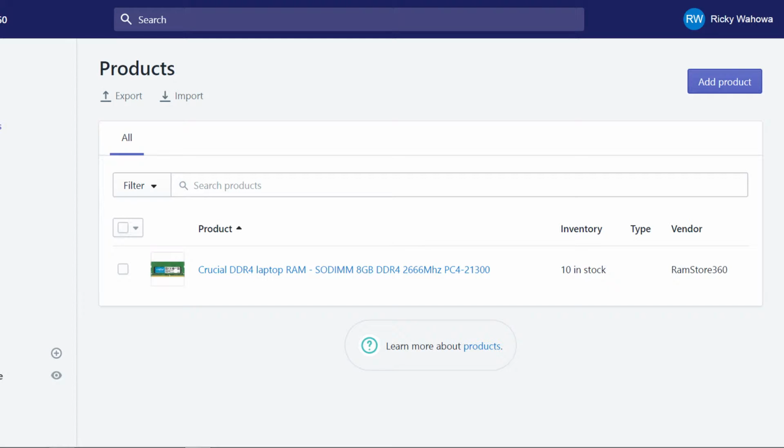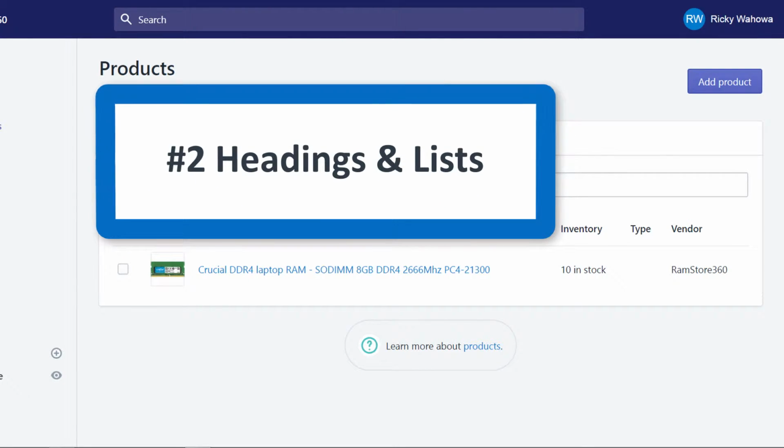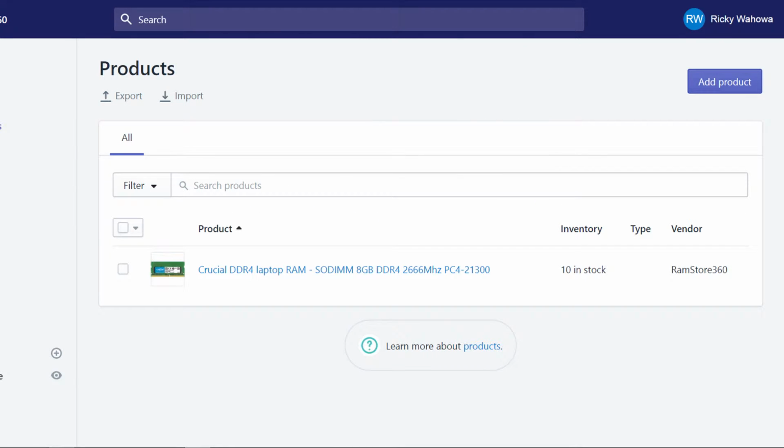Another tip is based off of good copywriting skills. So good copywriting insists that you separate content using headings, and you also use bullet points. So instead of writing long paragraphs, people are not going to read that. You can just separate everything using bullet points and headings.